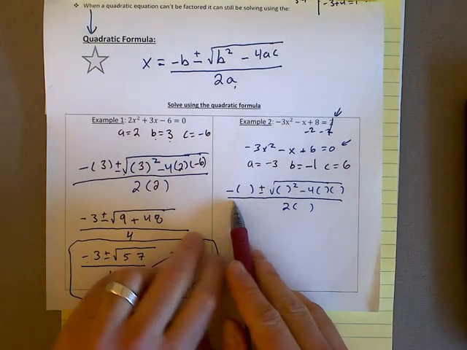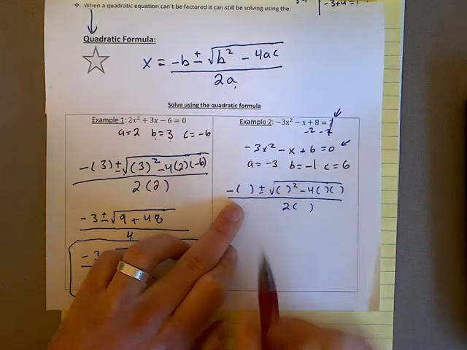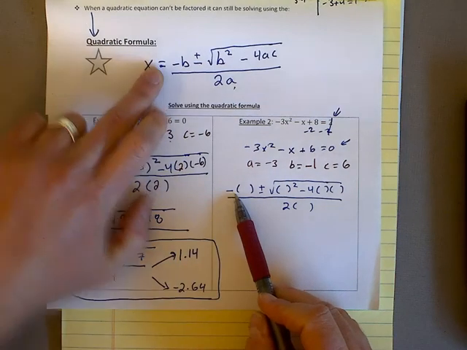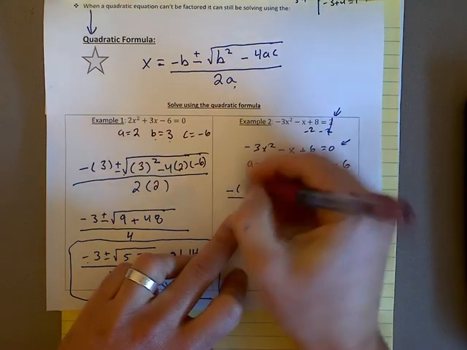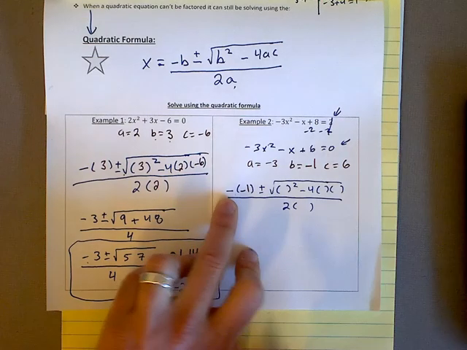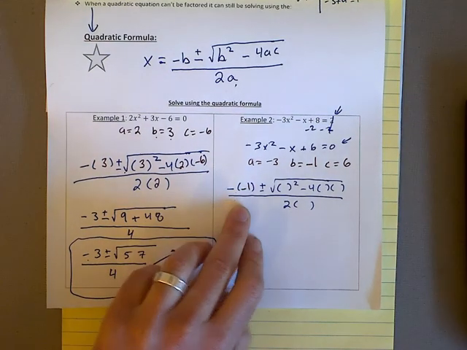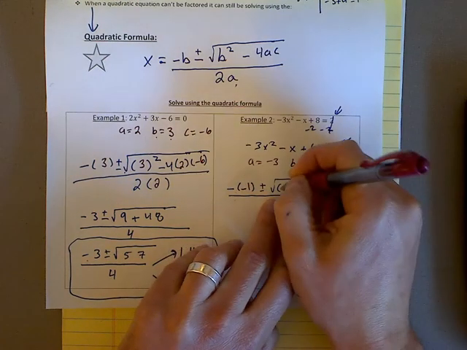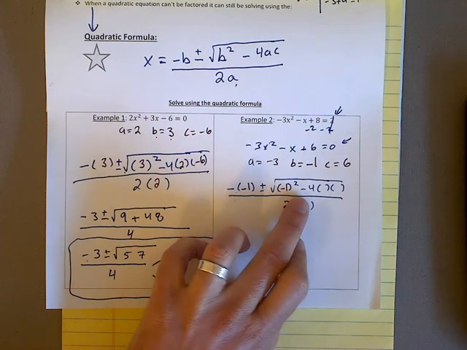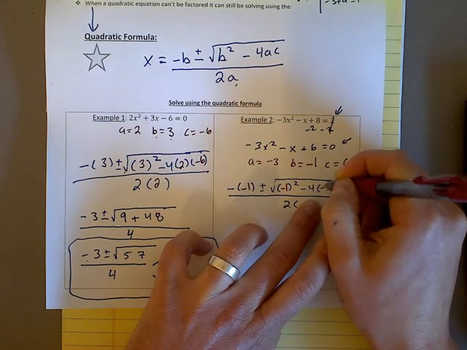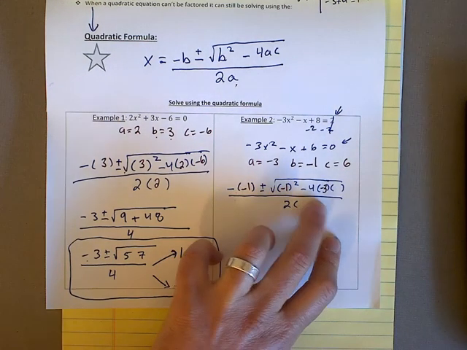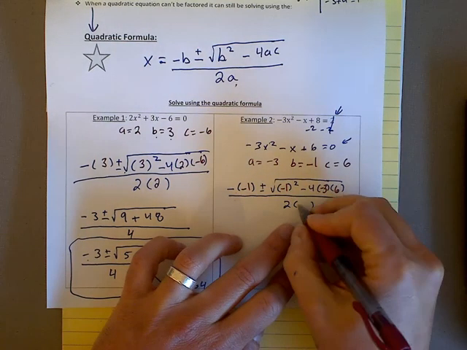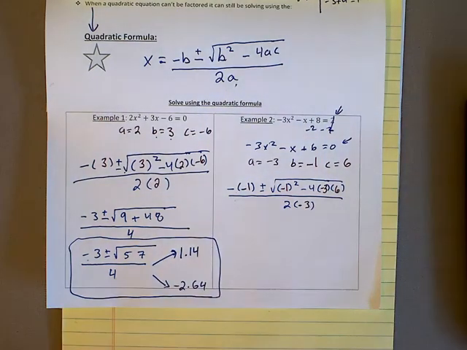So negative B, -1. That's one thing I mentioned earlier: the minus is there as part of the formula, but in this case I have -1 as well. So in the next step, that negative and negative is going to make that B into a positive. Plus or minus the square root of B squared, so -1 squared, minus 4 times A, A is -3, times C, +6, all over 2A, all over 2 times -3.